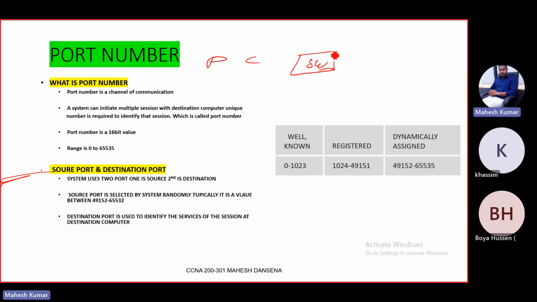Under this switch we have one PC, and the router, and the internet. That is the normal scenario. PC1 has the IP address 10.0.0.1, and PC2 has the IP address 10.0.0.2. Let's assume PC1 is trying to communicate with PC2.